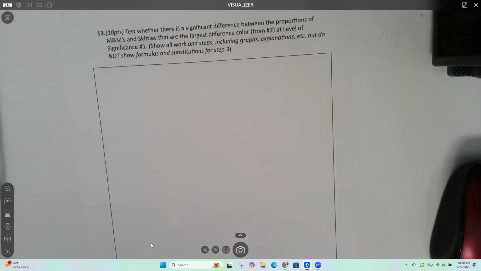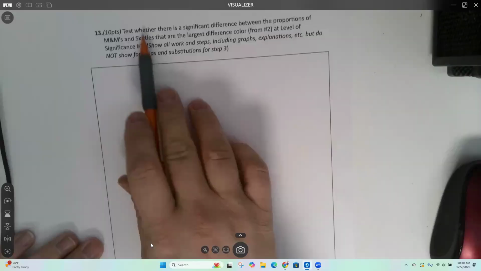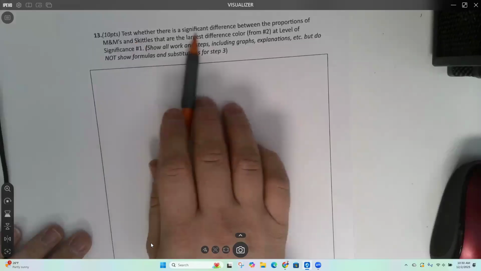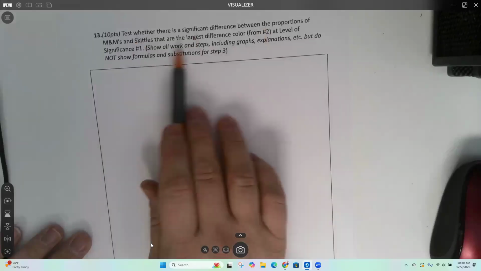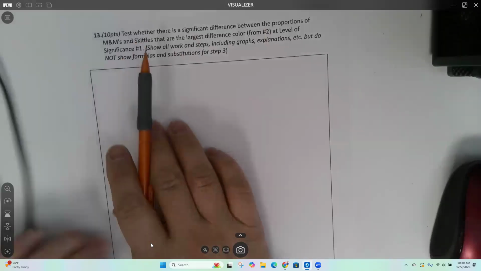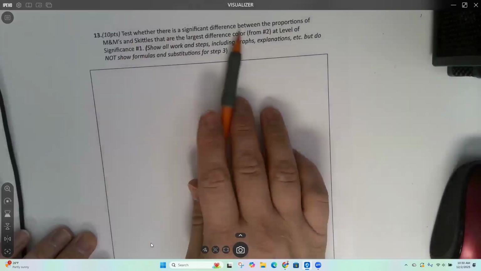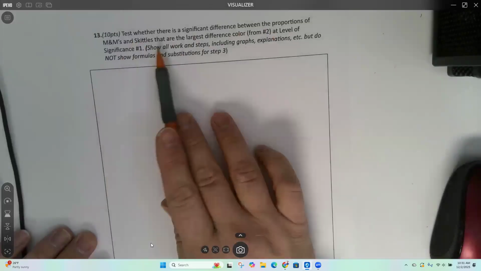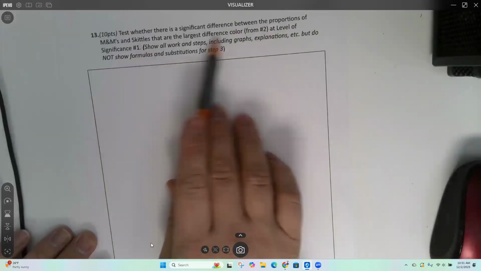But for this particular project, even if you did get a no, that's okay. We're going to keep going, regardless of whether you got any no's. Test whether there is a significant difference between the proportions of M&Ms and Skittles that are the largest difference color.